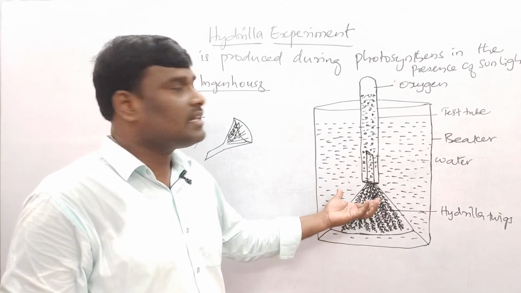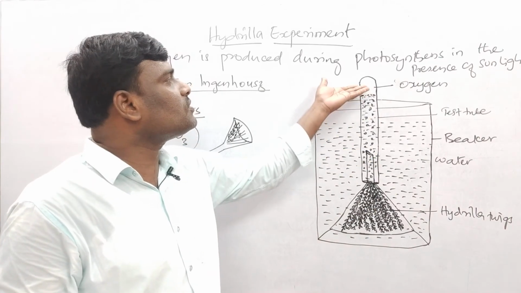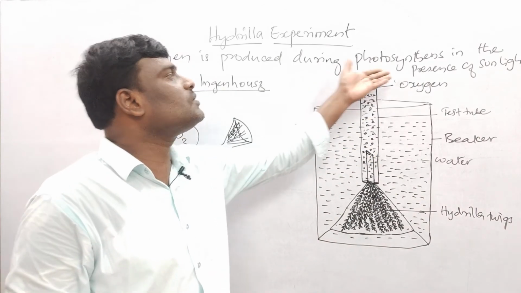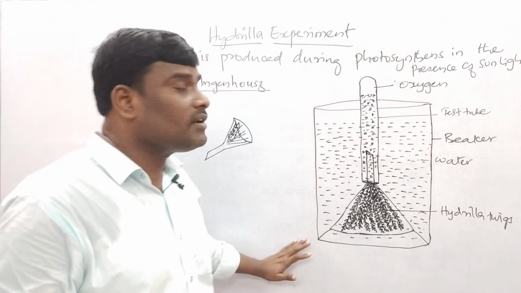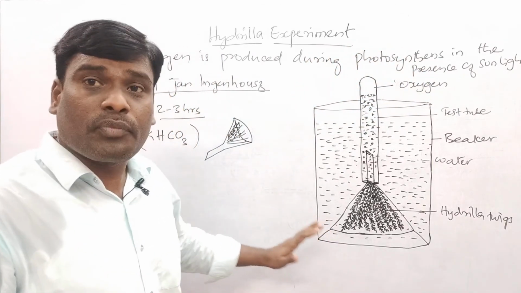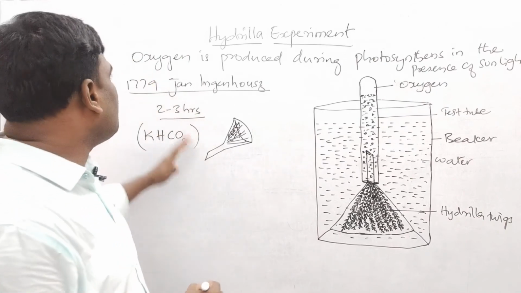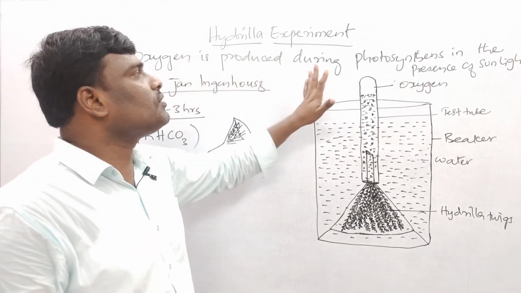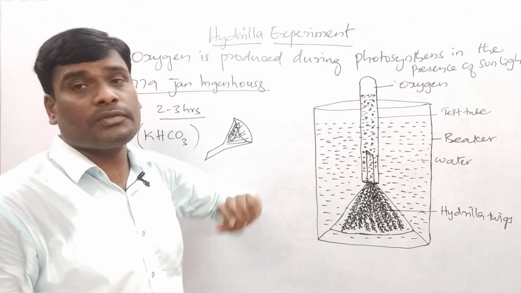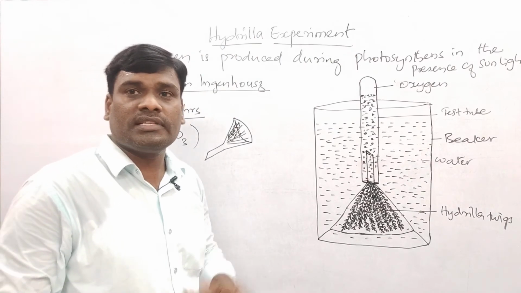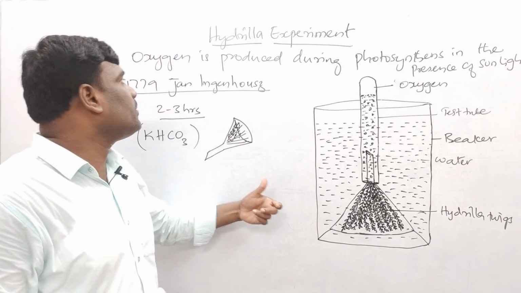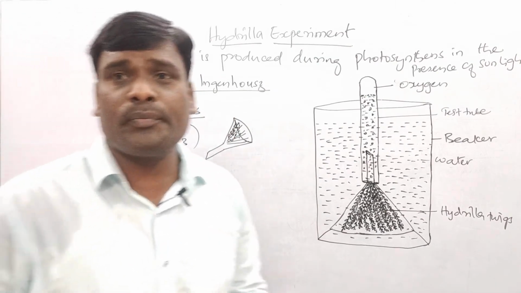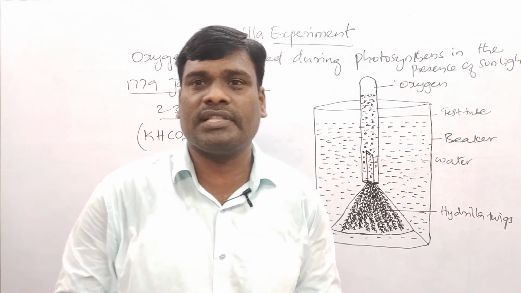As a result, the gas which is produced because of this photosynthesis process is what children? Oxygen. So by this experiment children, we can prove that oxygen is produced during the photosynthesis process. Okay, so this is a simple experiment. It shows that oxygen is produced during the process of photosynthesis children.